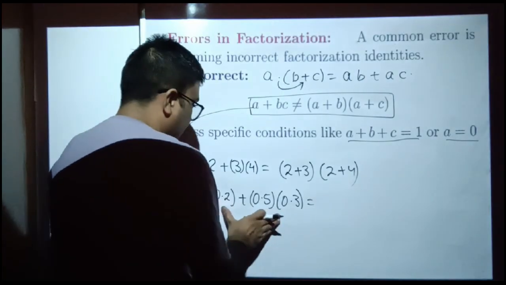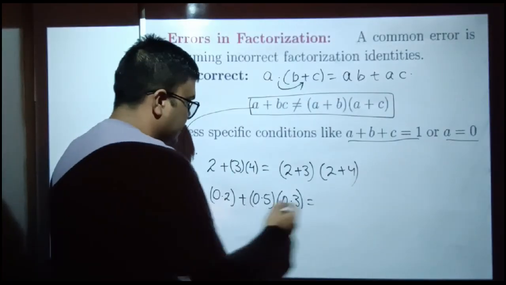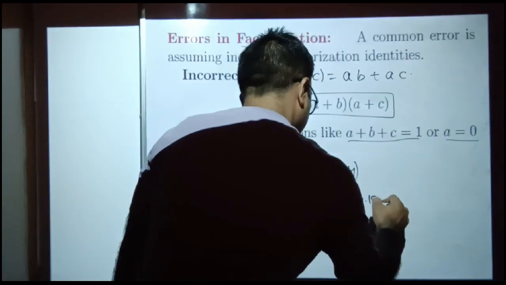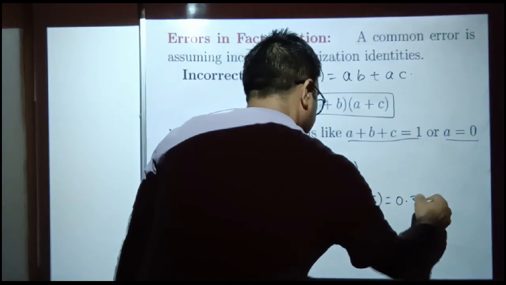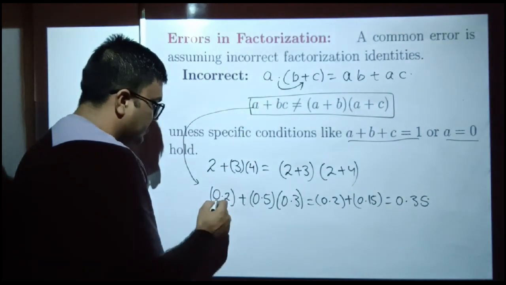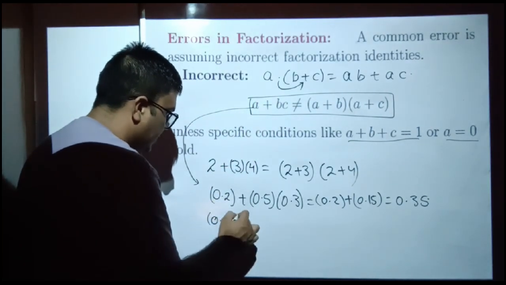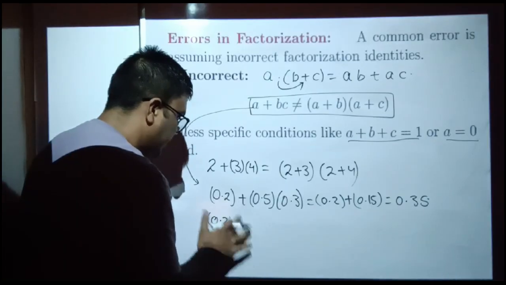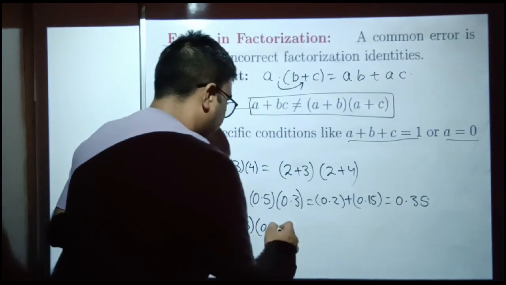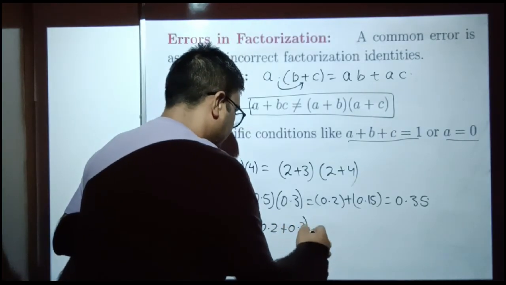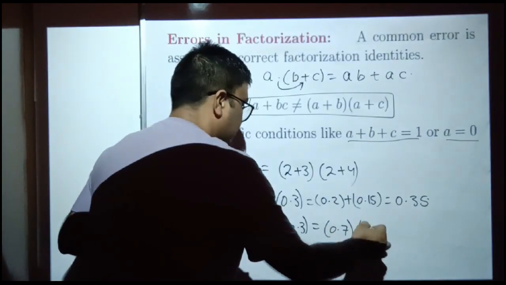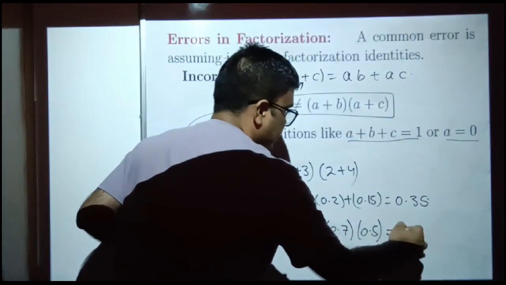If you solve this, you will get 0.2 plus 0.15, which is 0.35. Now if you apply this formula in this form, you write 0.2 plus 0.5 into 0.2 plus 0.3. The answer you get is 0.7 into 0.5. The answer is 0.35.